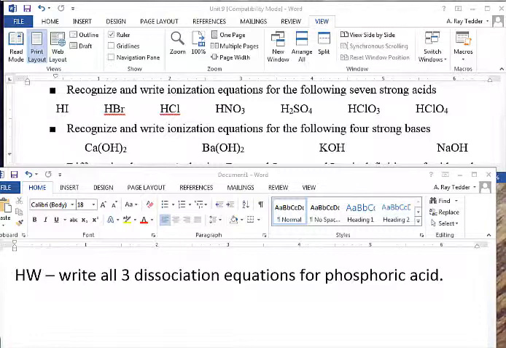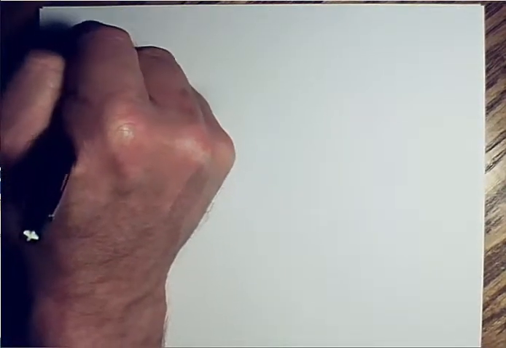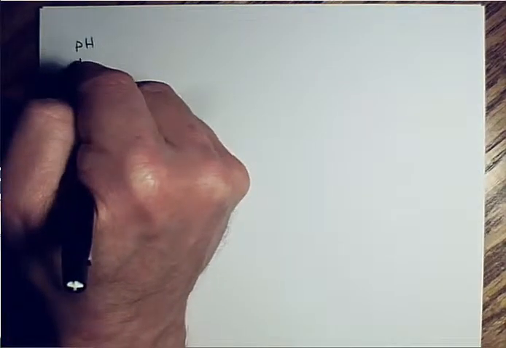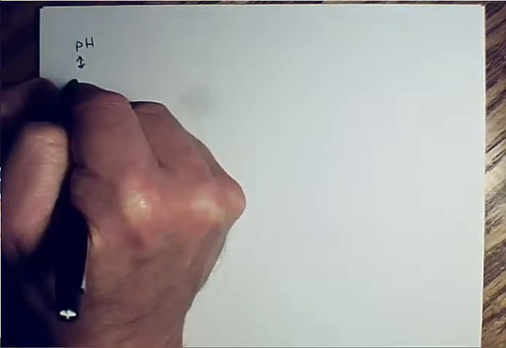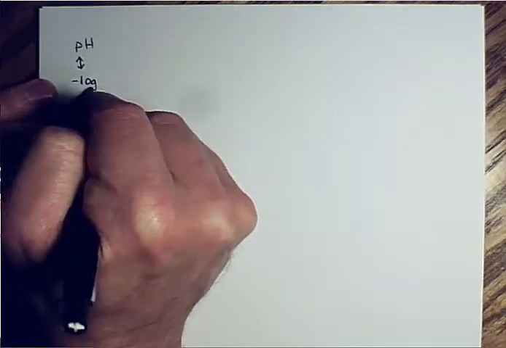Now, in the last unit, we talked about solutions, right? And you had to calculate molarity and molality and percent concentration, among other things. Well, pH is based on molarity. So, the P part of pH means the negative logarithm.